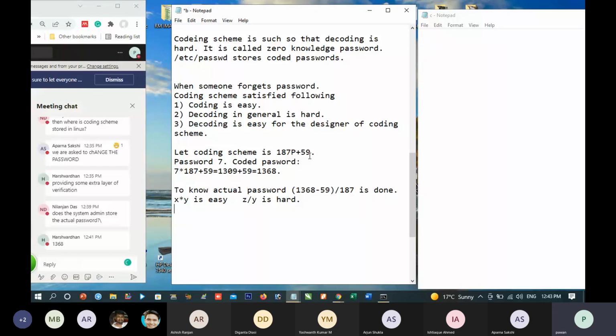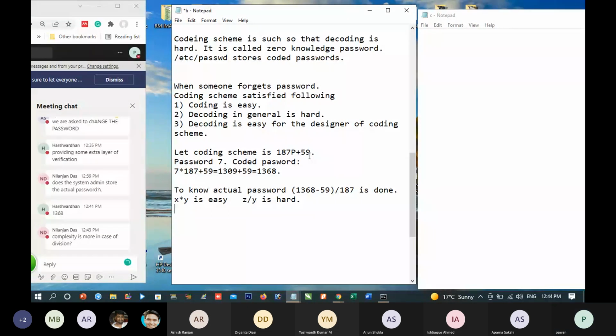Every person knows the coding scheme, but to decode, division by 187 is involved, which is hard. That is correct. Nilanjan has written the correct thing. Complexity is more in case of division. Is it correct? Complexity is more in case of division.